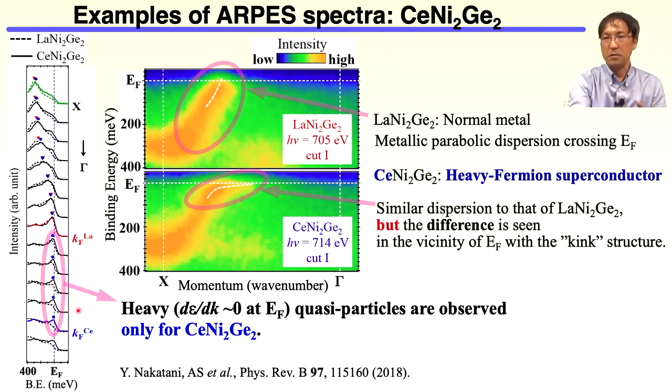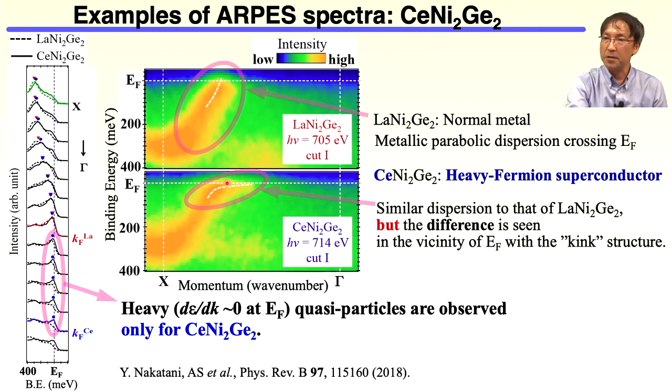This means that a rather flat band is formed along this direction, and thus heavy quasi-particles are formed for CeNi2Ge2, which is consistent with the macroscopic thermodynamic measurement of specific heat.